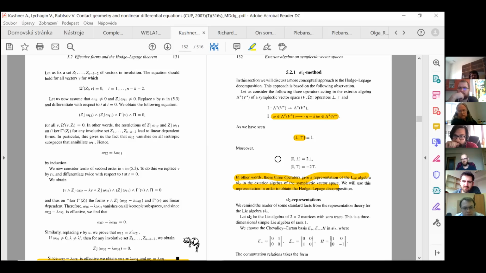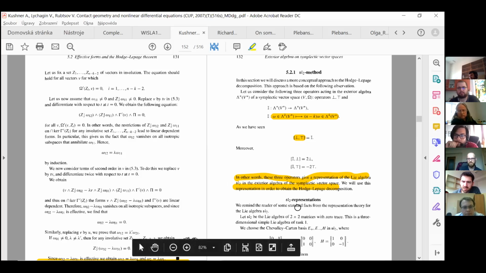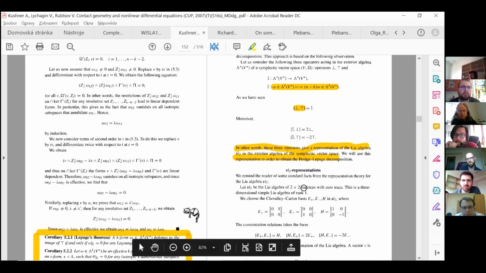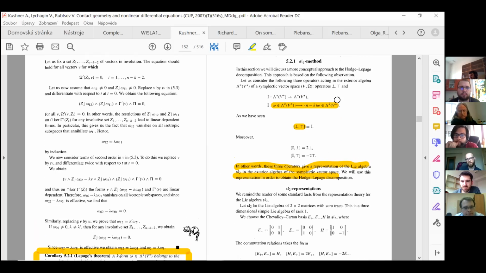You can have some factor in front of them, so it's not completely identity. That's true. Okay, so it is like a degree operator, just shifted. What do you mean by degree operator? Like a K-form goes to K times that form, but it's just shifted by a certain amount.